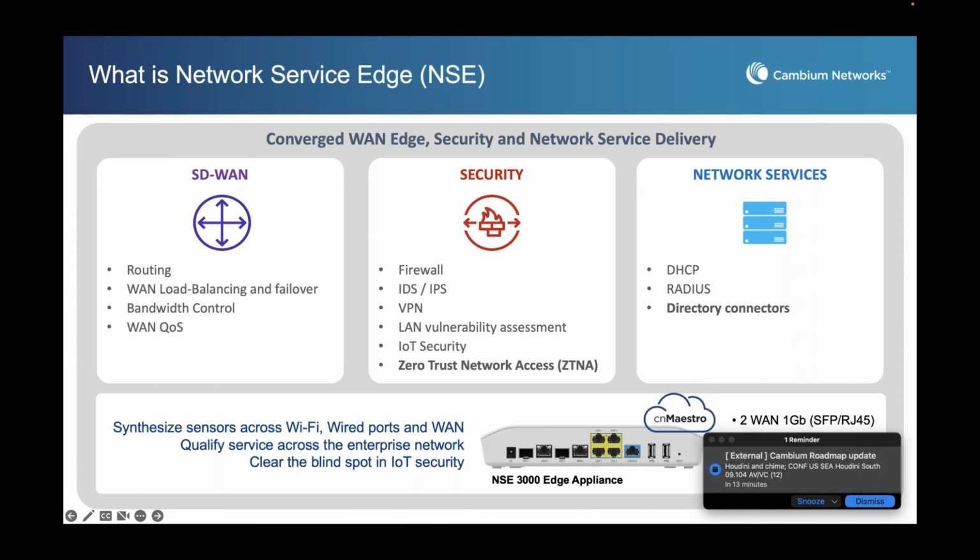It's got USB 3.0 ports, and we will make them available in the next release, meaning you can plug in an LTE USB dongle and have LTE as a failover WAN link. So that's the look and feel of the appliance.